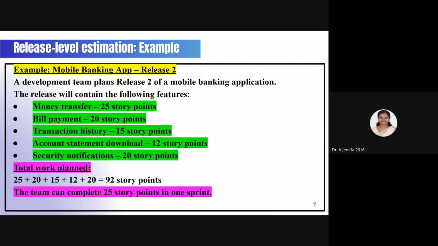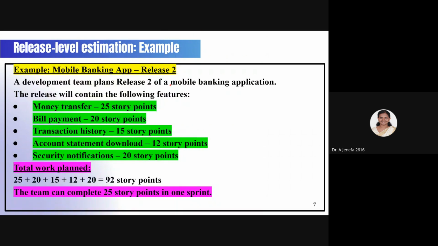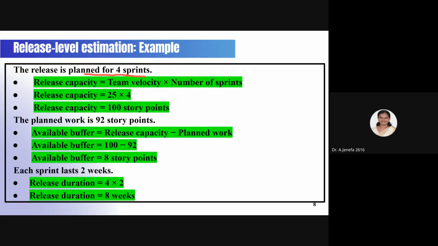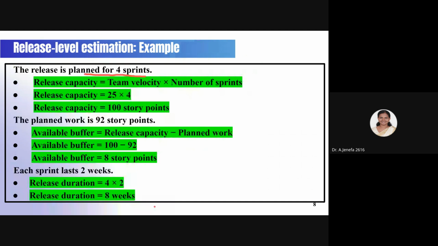Say, for example, the release is planned for 4 sprints. In this release version 2, I'm going to do 4 sprints, and each sprint can complete 25 user points.